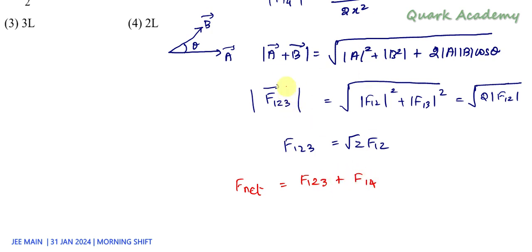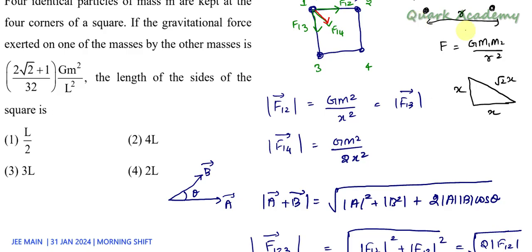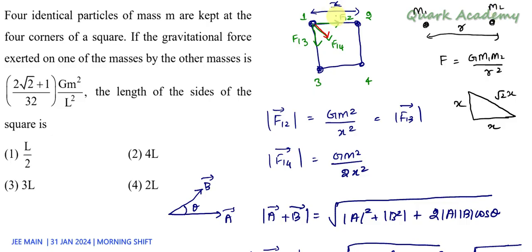Don't get confused that somewhere I'm using the arrow mark and somewhere I'm not. Here I'm dealing with magnitudes only, so that's why I'm not showing much interest in the sign. Now we'll just add both magnitudes since the direction is the same.